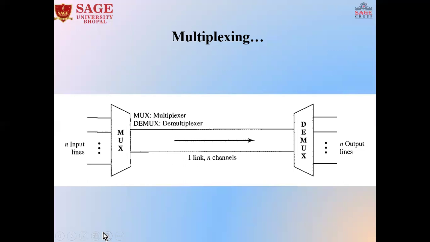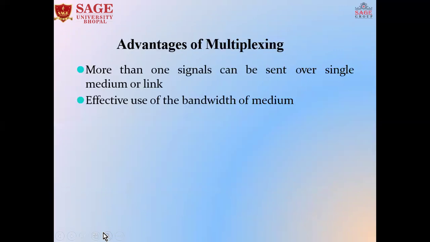And at the receiver end, demultiplexing will happen. Demultiplexing means one to many: if 4 subscribers' data are coming from the single transmission media, then it will be bifurcated into the 4 output lines because our value of n is equal to 4.